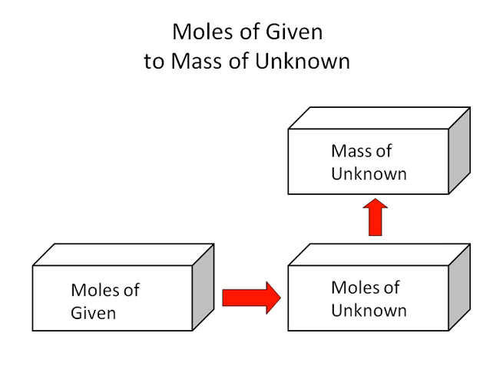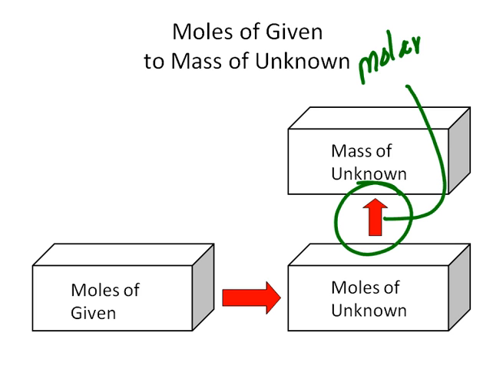Now, the majority of the problems we're going to have are going to deal with mass. The reason is that mass is something we can measure in a lab. We can go to a balance and get mass. I can find out how many moles of water I have if I have the mass of that water. The reason we have this relationship between mass and moles is because the periodic table gives us a molar mass.